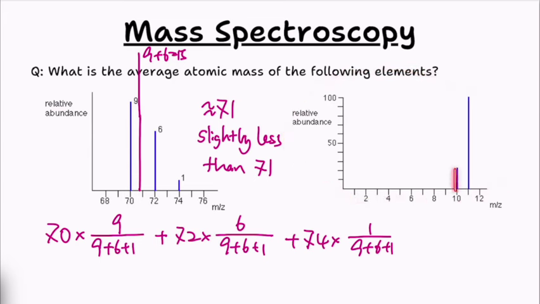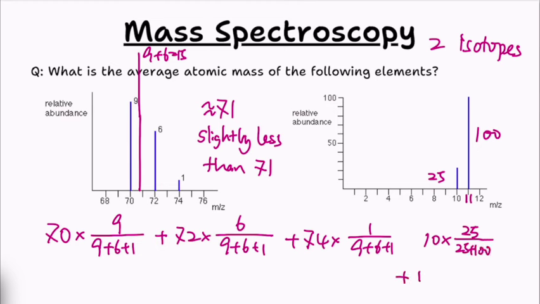Okay, what about the next one? It has only 2 peaks, which means it has only 2 isotopes. Now this will be easier. The peak with atomic mass of 10 has the height of 25, and the other one with the atomic mass of 11 has the height of 100. So that will be 10 multiplied by 25 over 25 plus 100, plus 11 multiplied by 100 over 25 plus 100.